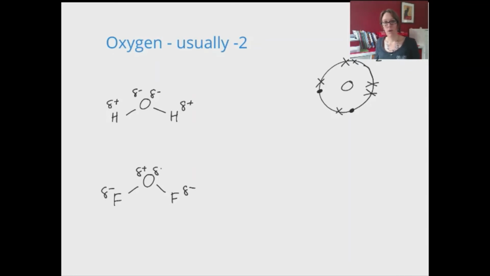Let's have a look at one of the exceptions where oxygen is not -2. So that would be in OF2, and that would be called oxygen difluoride, which is interesting because normally oxygen goes at the end of a name, such as sodium oxide, sulfur dioxide, nitrogen dioxide.